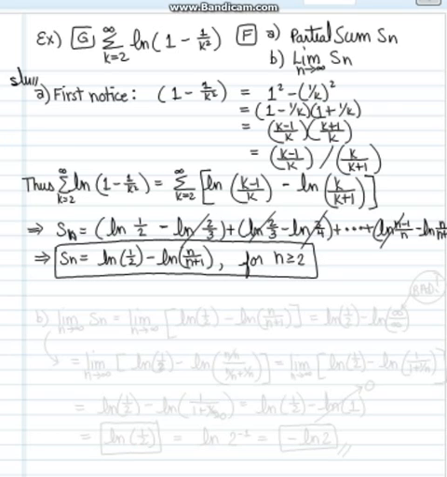Part B, now we'll take the limit as n approaches infinity of S sub n. It's equal to the limit as n approaches infinity of the natural log of 1/2 minus the natural log of n over n plus 1.